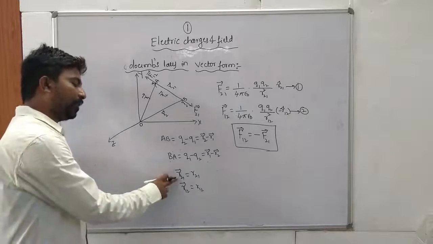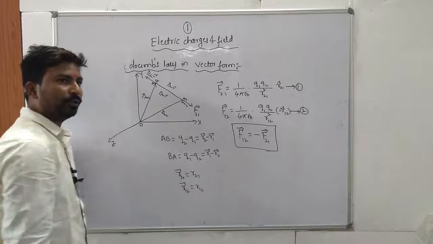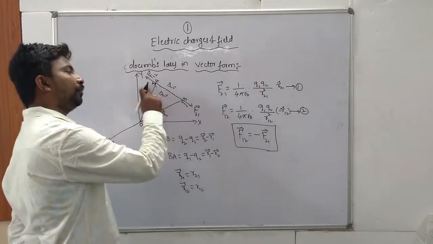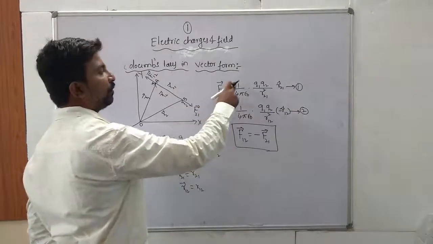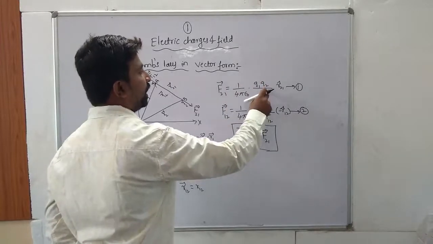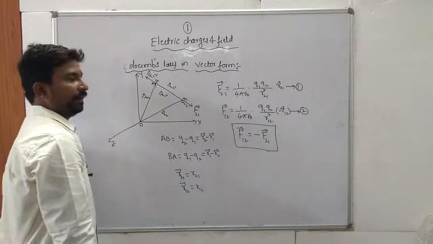So the magnitude of R21 is equal to R21. The magnitude of R12 is equal to R12. So the force on Q2 due to Q1 is denoted by the force F21. Therefore F21 is equal to 1 by 4 pi epsilon naught Q1 Q2 by R21 square R21 cap. So cap is a unit vector.